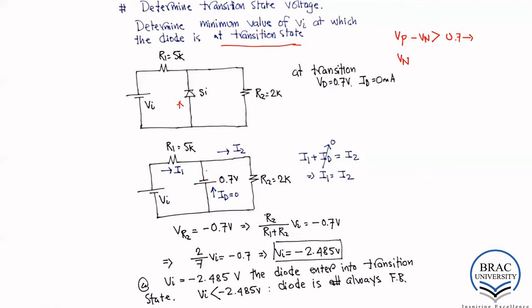So although there is a voltage source in that circuit, there is no current through the diode, which means I1 and I2 are the same current, which essentially means R1 and R2 are effectively in series.